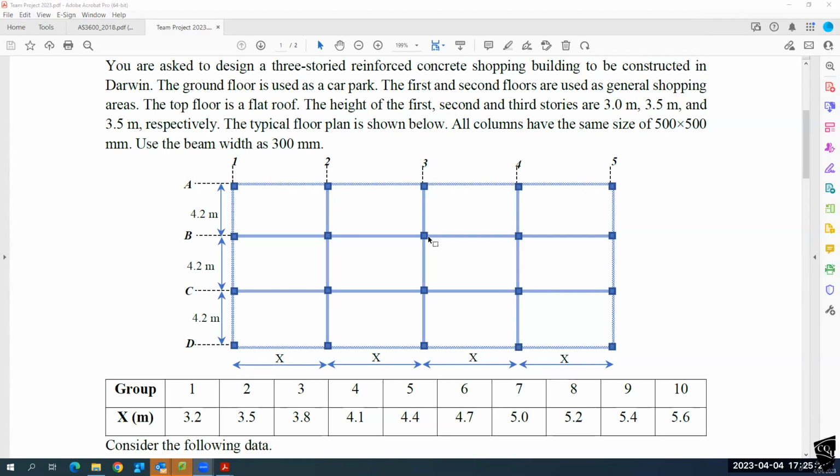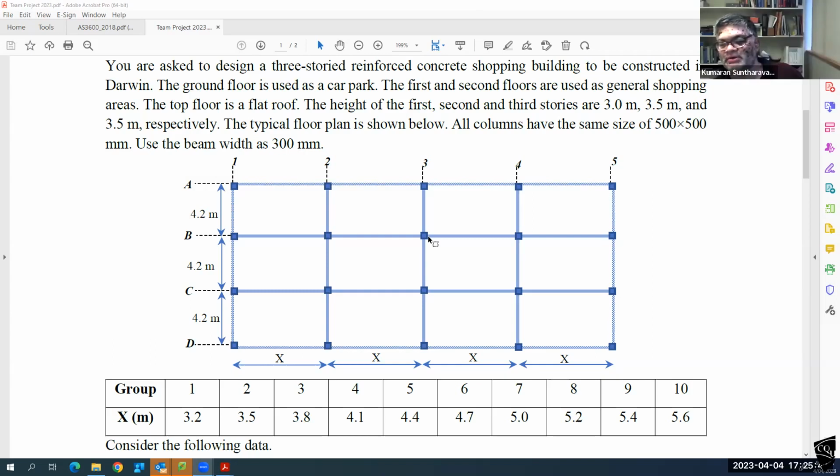Sir, we are group 3, so we need to use 3.8 in the X direction for the whole design. Yes, that's what I'm explaining. So you have 3.8, 3.8.